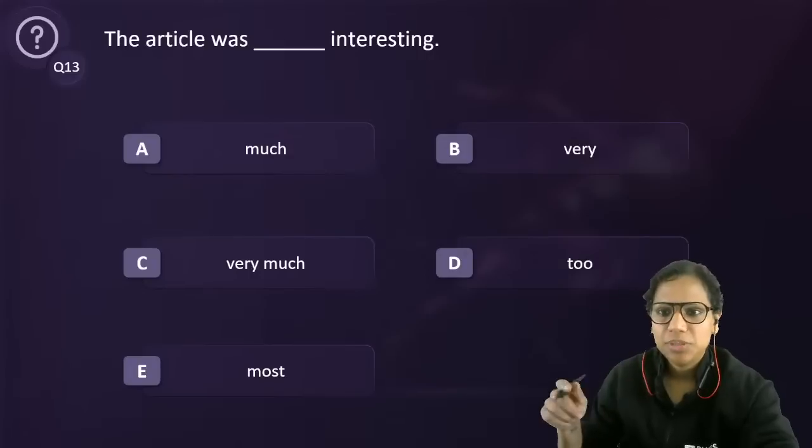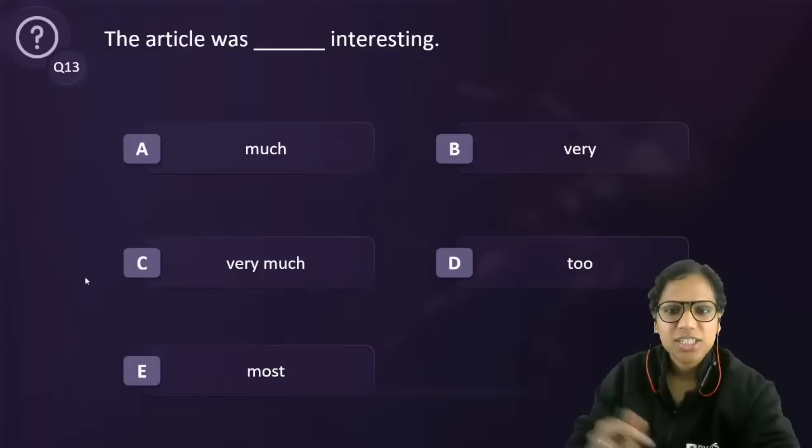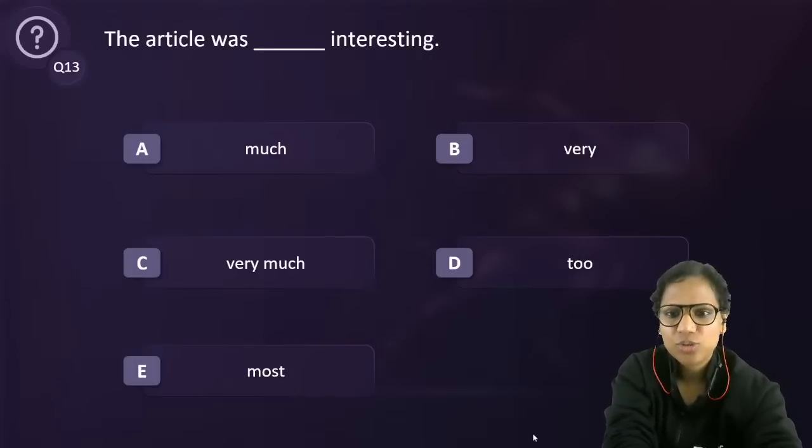D, E, B, C. Okay. So this is our last grammar question. I want your enthusiastic response. After this, we'll come to vocab. A lot of you say B also.